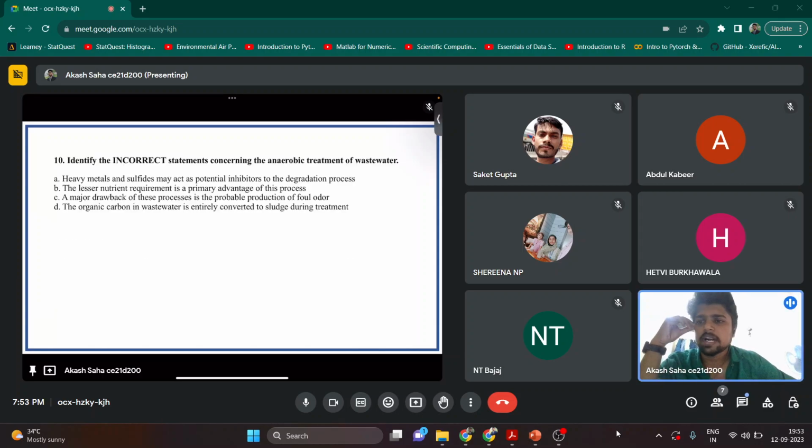Okay. So identify the incorrect statement concerning anaerobic treatment. Four statements are given. You have to find the incorrect one. Heavy metals and sulfides may act as a potential inhibitor. A lesser return requirement is a primary advantage. A major drawback is the probable production of foul odor, and the organic carbon is entirely converted to sludge.